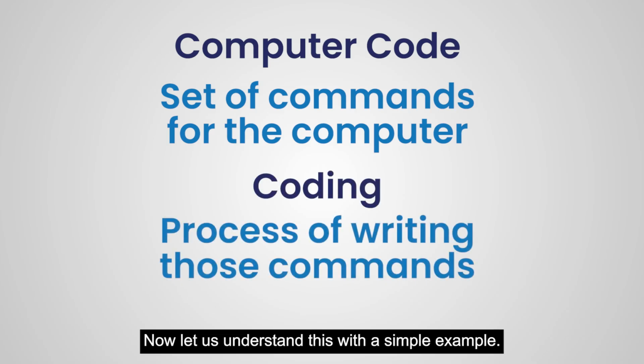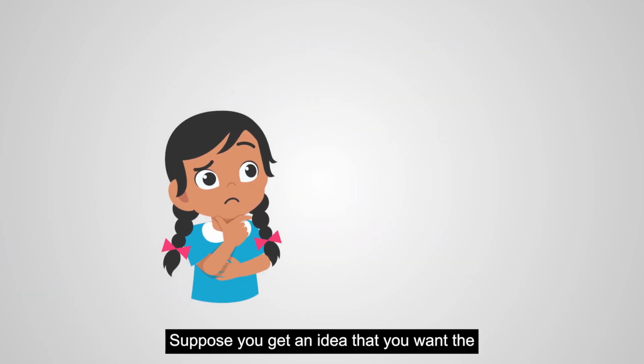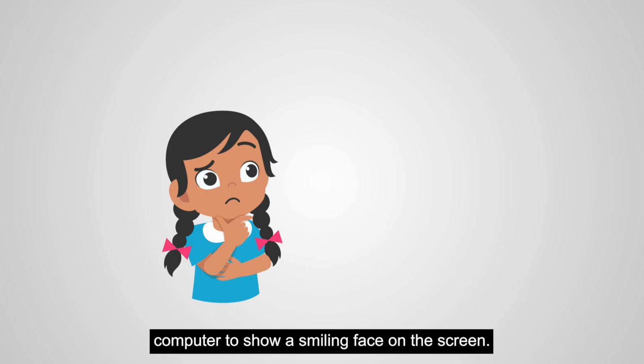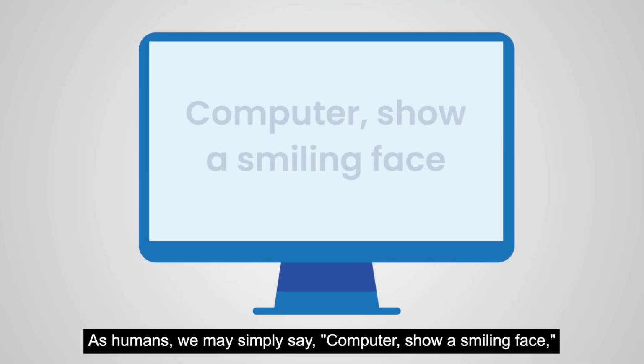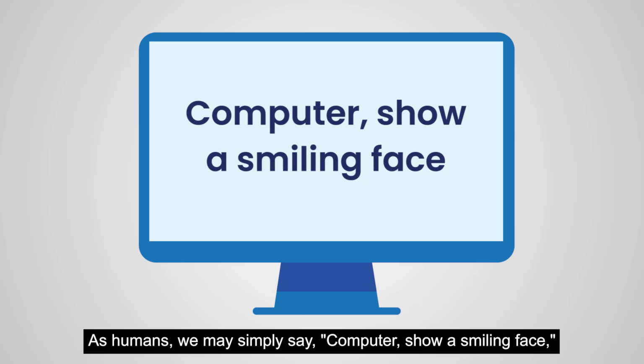Now let us understand this with a simple example. Suppose you get an idea that you want the computer to show a smiling face on the screen. As humans, we may simply say, "Computer, show a smiling face." But the computer cannot understand this instruction like we do.